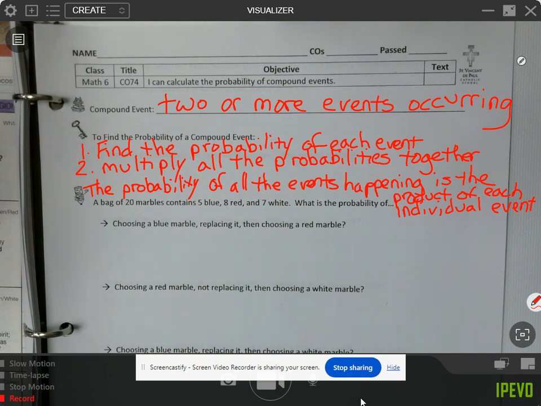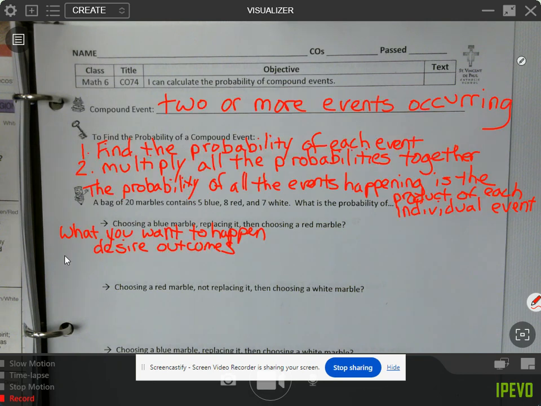Yep, so we have what you want to happen, which is the same thing as desired outcomes, what you desire.